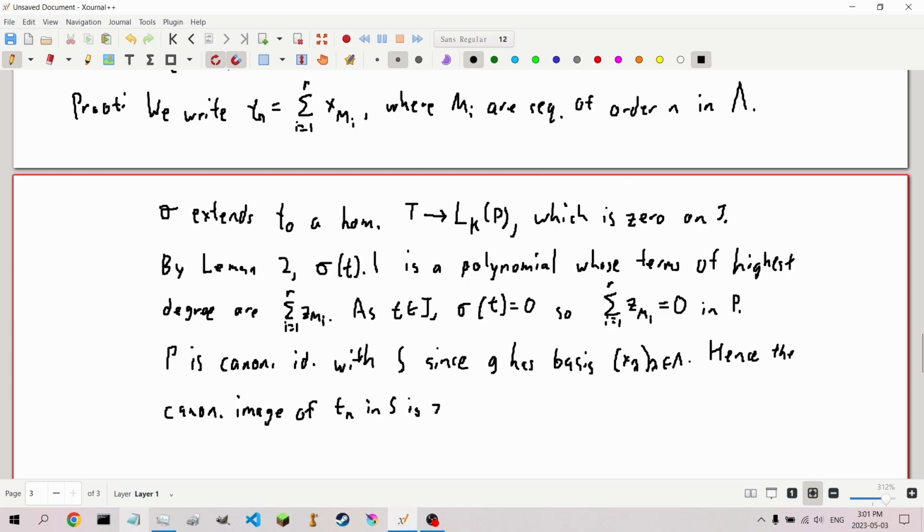So we can't get any cancellation on the other side. And that's the same thing as saying that Tn is in the kernel.